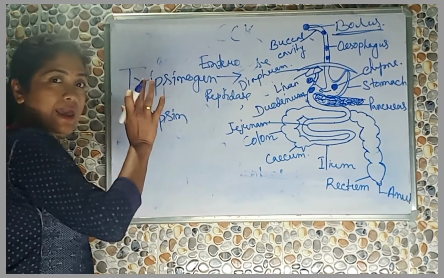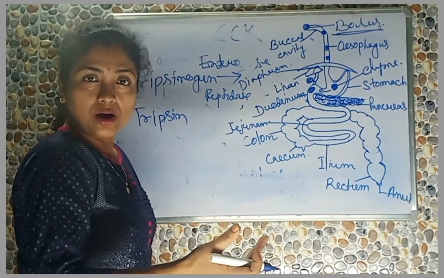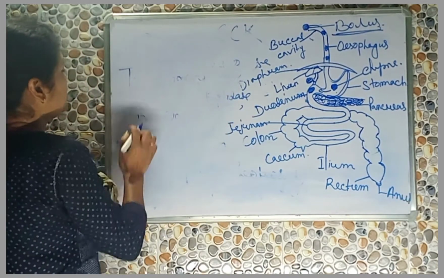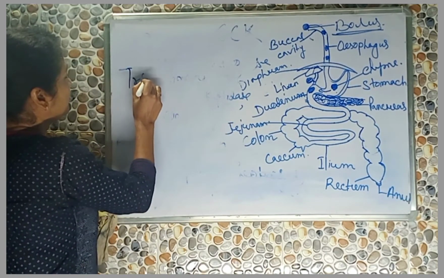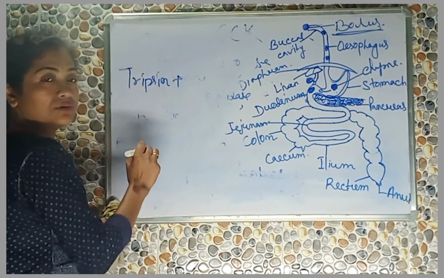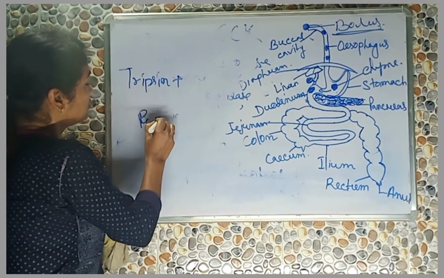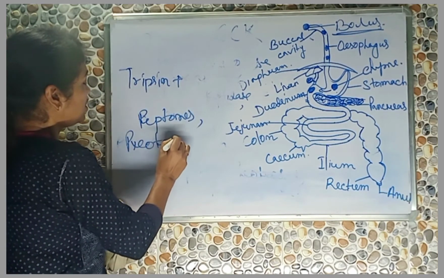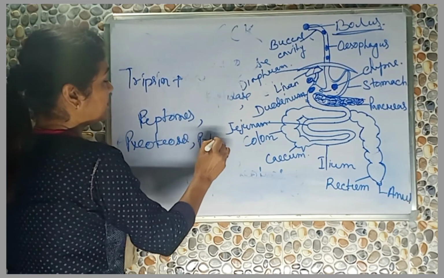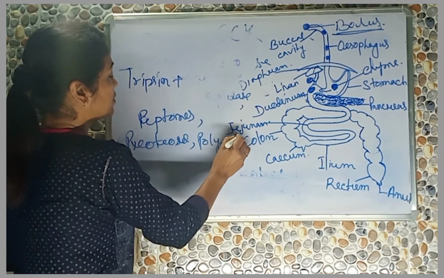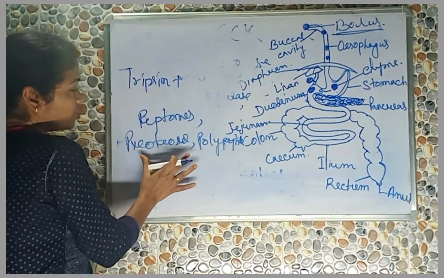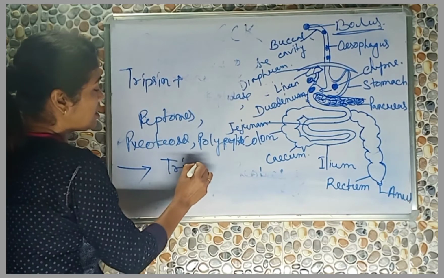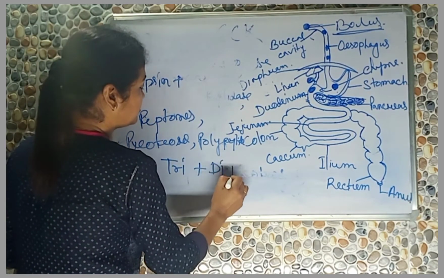And trypsin acts on the protein part. That means trypsin acts on peptones, proteases and polypeptide, and peptones, proteases and polypeptide are converted into tripeptide and dipeptide.